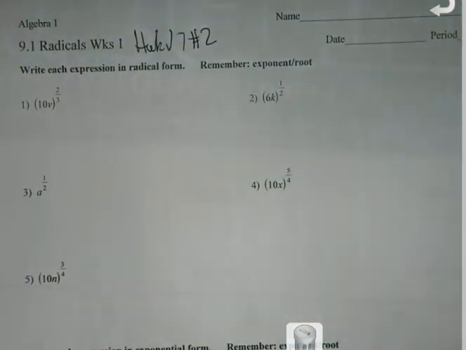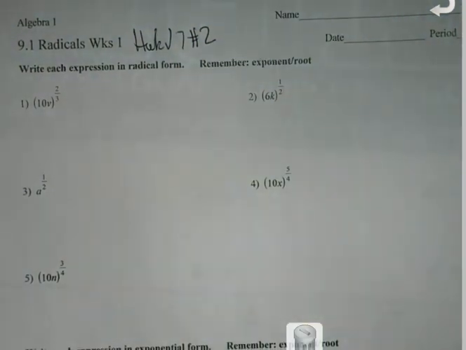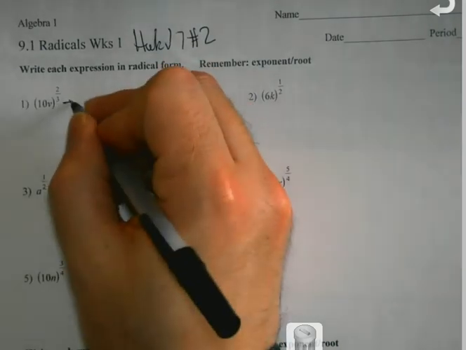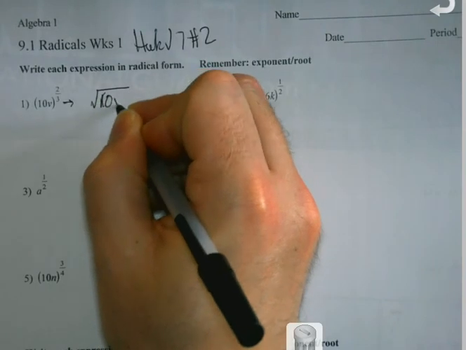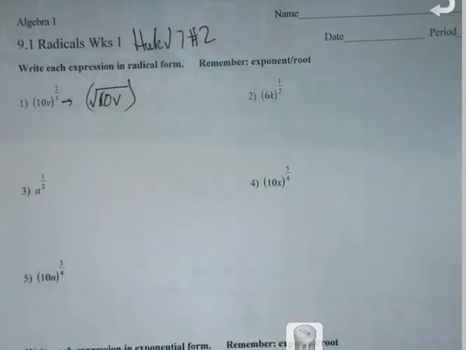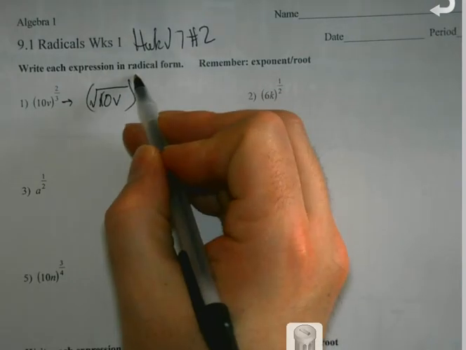So I think we're probably looking at Tuesday, Wednesday, next week probably as a homework check. The first part of this on the front is just what we just got done doing. Okay? Write the expression in radical form. So all I'm looking to do is my radical, put what's in the parentheses underneath it. Now the question becomes, what number is going to go out here?